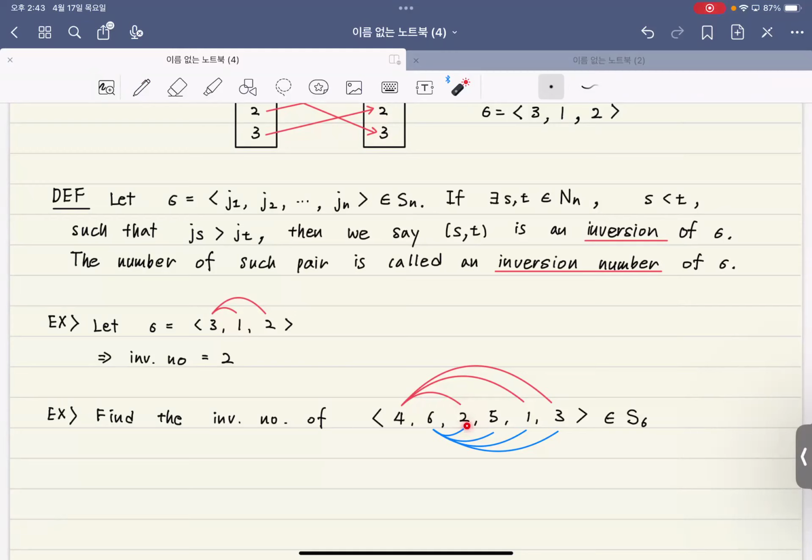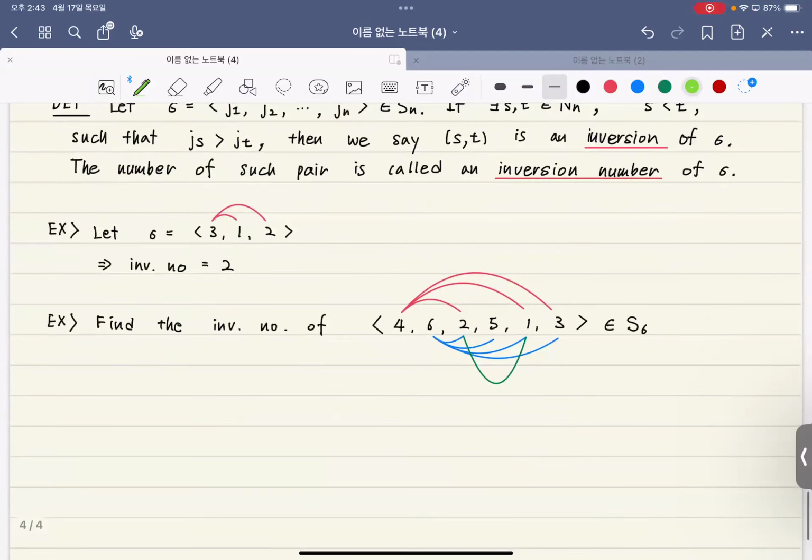And from 2 to 5, this is not an inversion. But 2, 1, this is an inversion, right? So I found another inversion from 2 to 1. And 2, 3, this is not an inversion. And 5, 1 is an inversion, and 5, 3 is another inversion. And that's it. There are no inversions starting from 1 and 3, right? So how many inversions do I have?